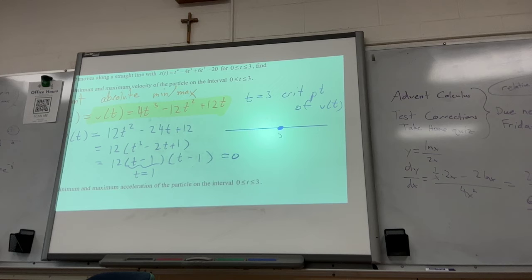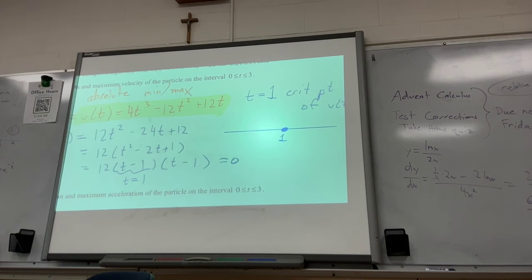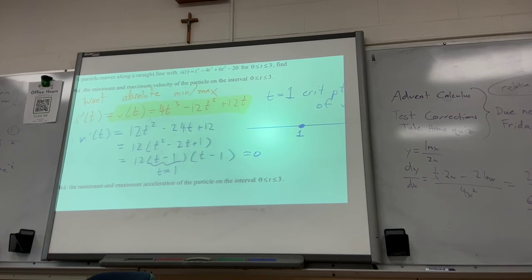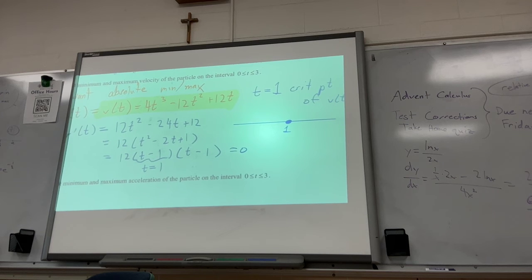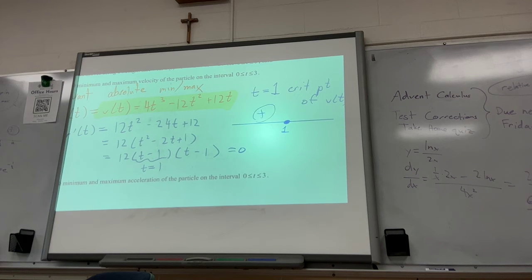So here's t equals 1. If we plug in a value to the left of 1, so we plug in 0, we'll get positive. If we plug in like 2, we'll get a positive. So 1 is a critical point, but it's not an extremum. Does that make sense?